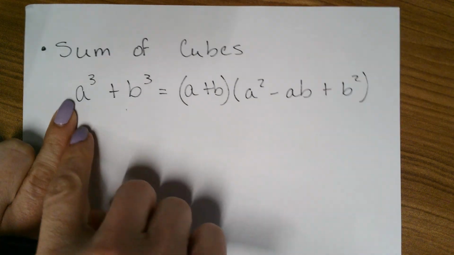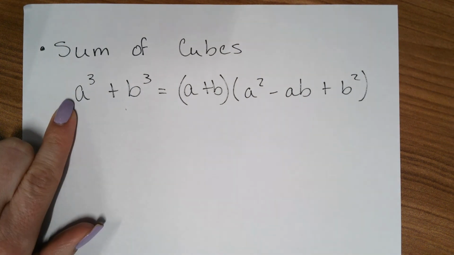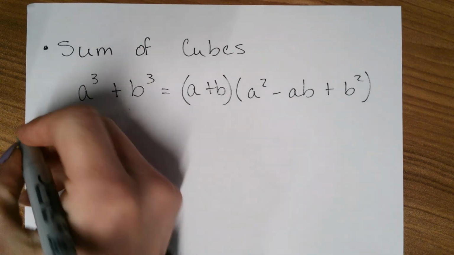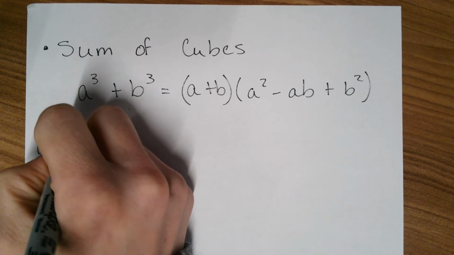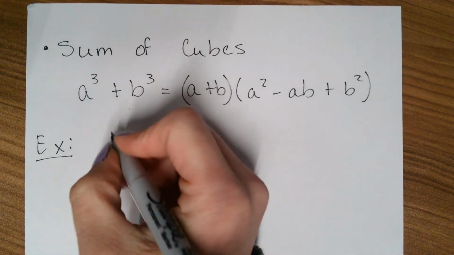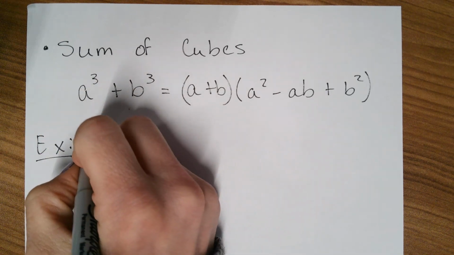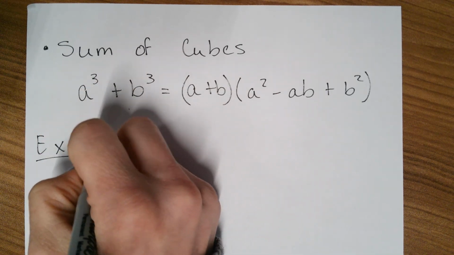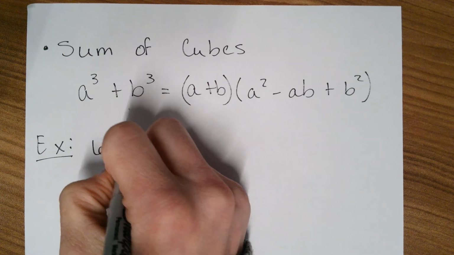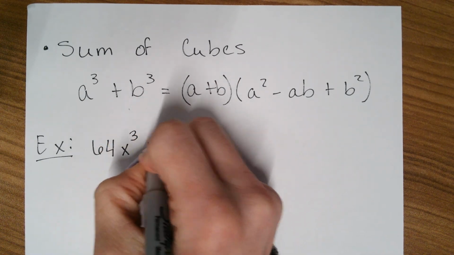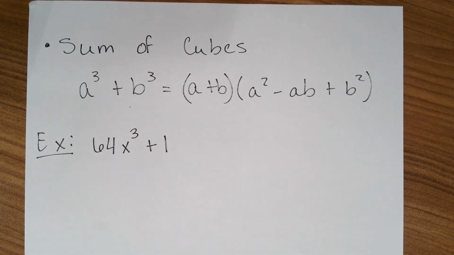And as long as we can identify what those somethings are, A and B in this case, we just plug it in to the formula. So let's try this one right here.